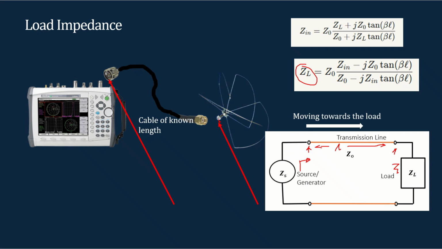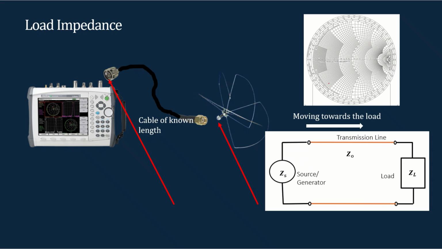In a similar way, we can use the Smith chart to replace those complex calculations and easily find the load impedance if we know the input impedance. That's why we use wavelength towards load in the Smith chart to calculate the load impedance. That is the importance of the Smith chart.